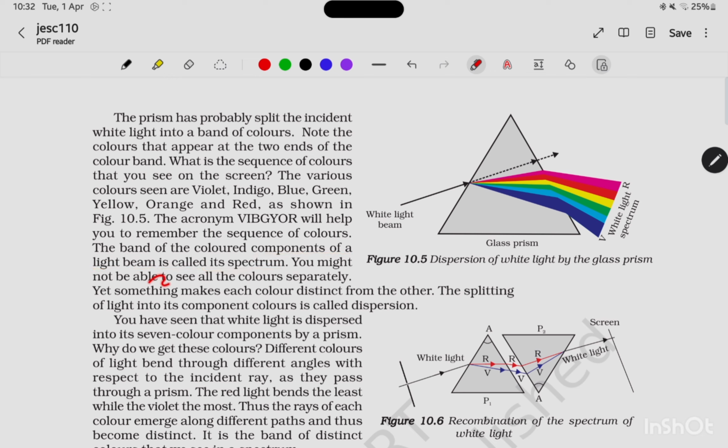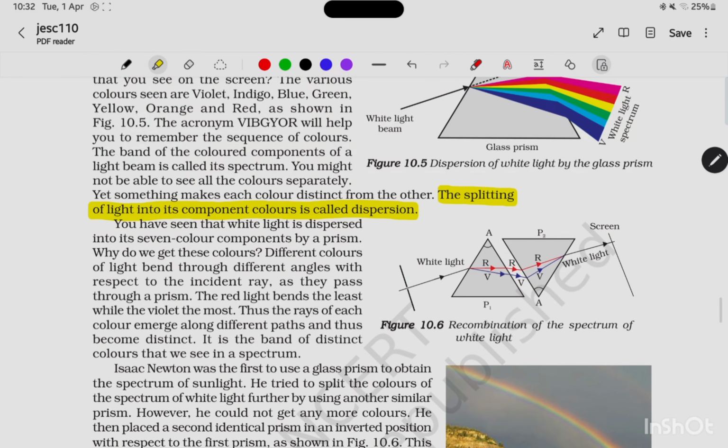Okay. You might not be able to see all the colors separately, yet something makes each color distinct from the other. The splitting of light into its component colors is called dispersion. What is dispersion? The splitting of light into its component colors is called dispersion of light.